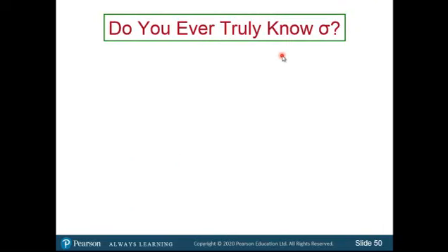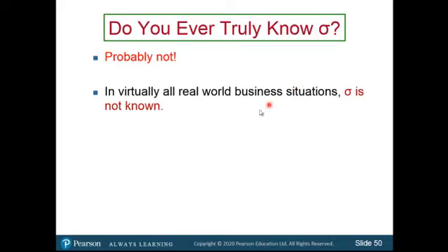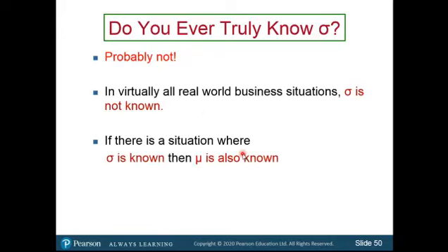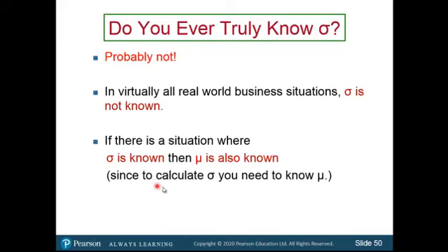Do you ever truly know standard deviation of the population? That is the big question. Probably not. In virtually all real world business situations, sigma is unknown. If there is a situation where sigma is known, then for sure the mean of the population, or the mu, is also known, since to calculate standard deviation you need to know the mean.